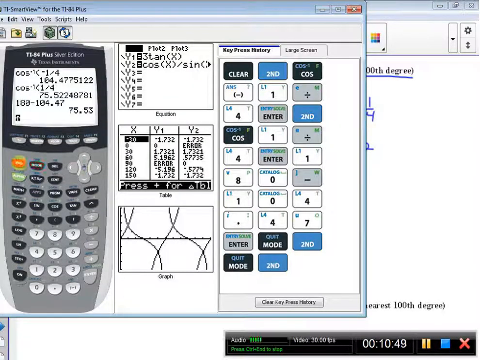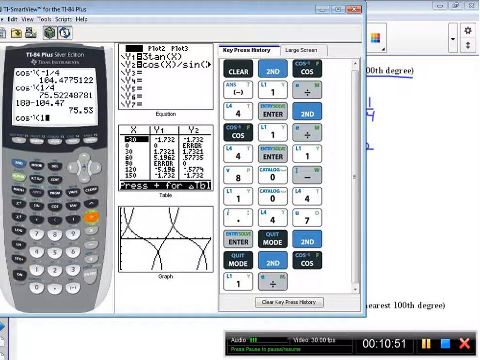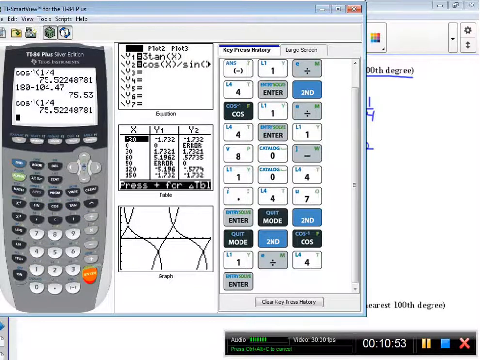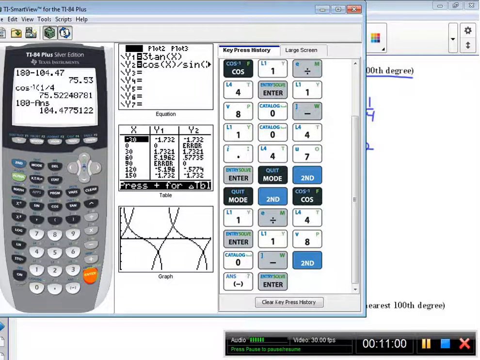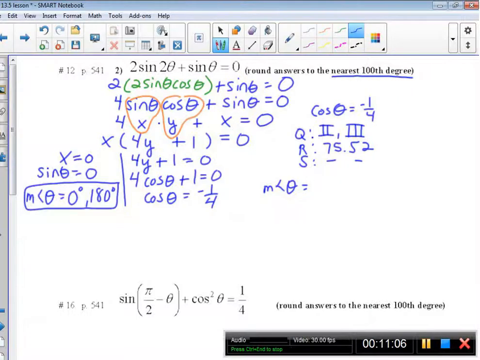So I'm going to go back to second cosine 1 divided by 4 to get my reference angle, and then 180 minus that. So 104.48. And that was doing 180 minus the 75.52.